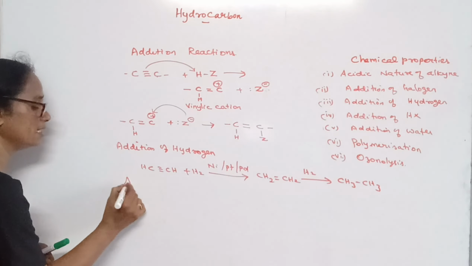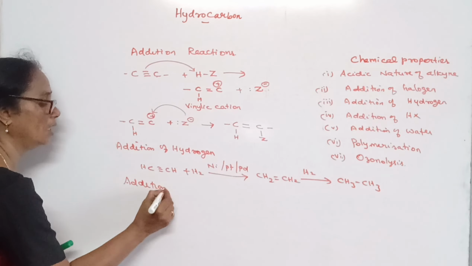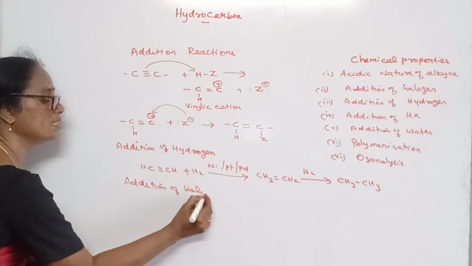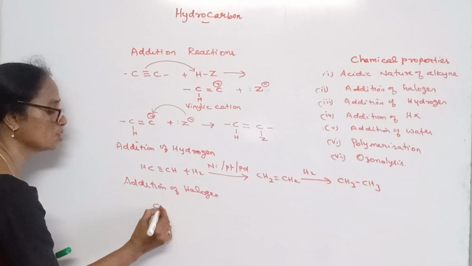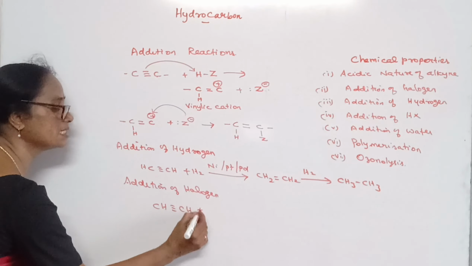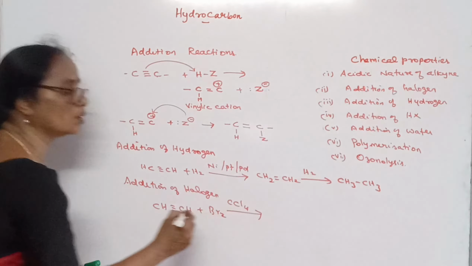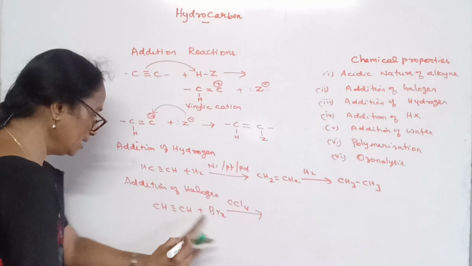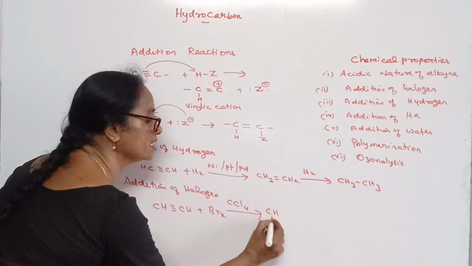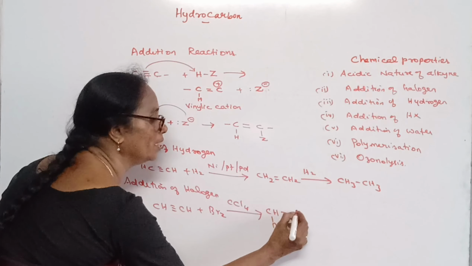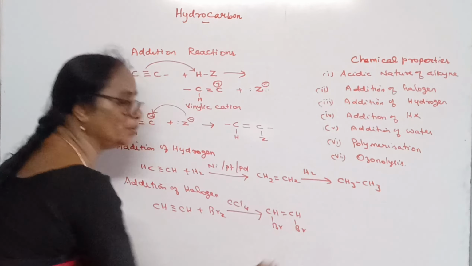The next reaction, let us see addition of halogen. So the halogen, let's take here bromine. When ethyne is treated with bromine in carbon tetrachloride solvent, it undergoes the first step of addition to form CHBr double bond CHBr.